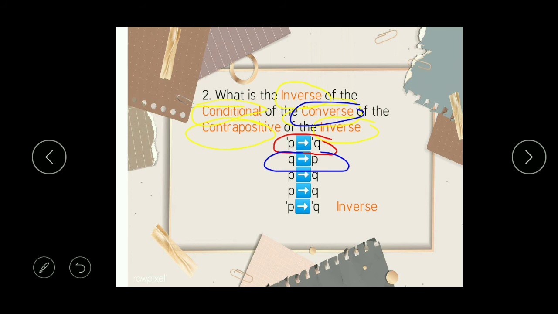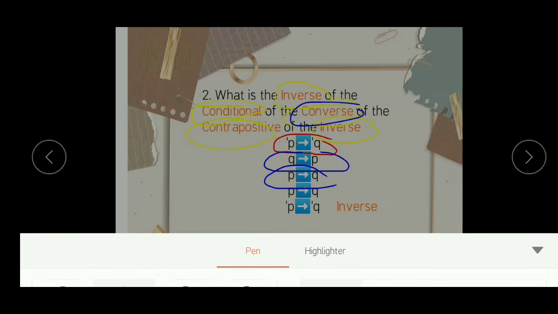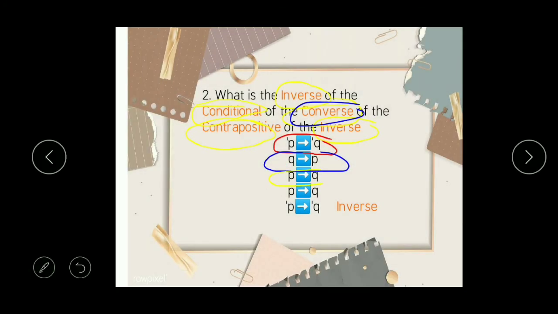We just exchange our P and Q. In the second foundation we read if Q then P, so in the third we exchange it and make it if P then Q. So we have a new foundation, which is if P then Q.